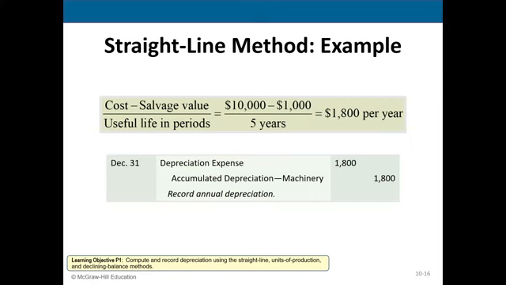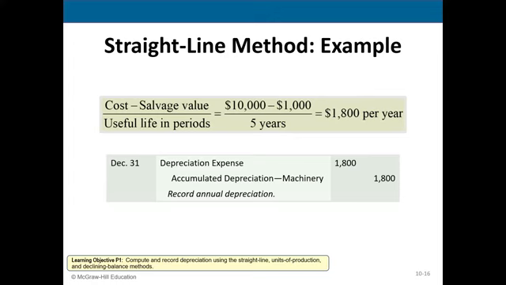Straight line depreciation equation is very simple. We take the cost, $10,000 in this example, minus the salvage value of $1,000. That gets us $9,000, right? The $9,000 is our depreciable cost. So 9,000 divided by 5 years, useful life.